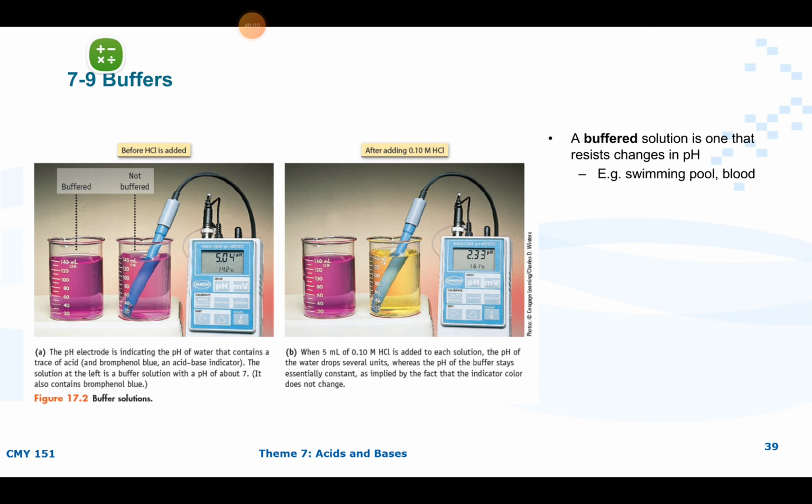Our right-hand side immediately changes color if we add an indicator, and we see the pH drop to 2.3. But the left-hand side that was buffered remains close to a pH of 5. So that means even though we've added the same amount of acid to both of these, the buffered solution resisted that pH change and therefore kept its pH close to its initial pH of 5.